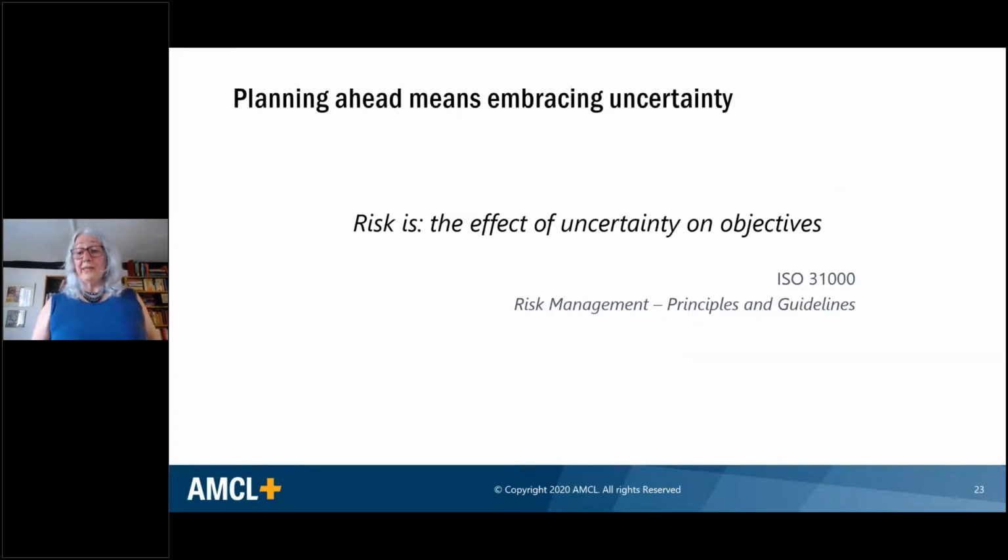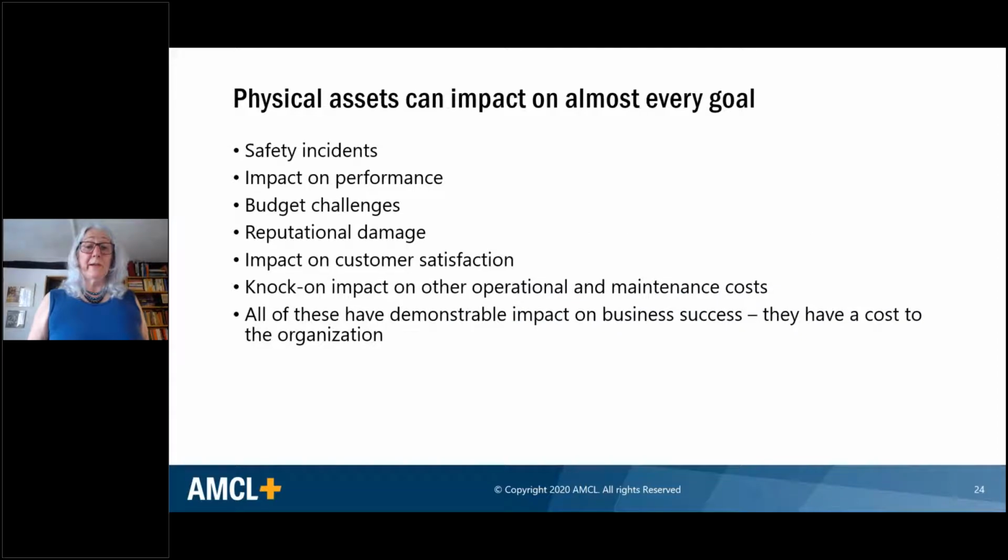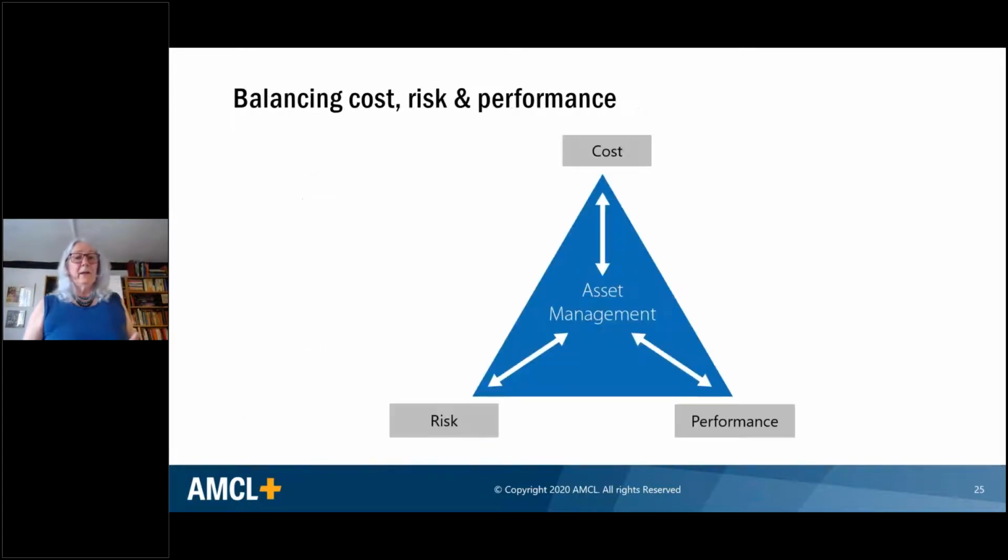It's also about objectives. So again, it's tying us back to everything points to understanding what we're trying to achieve as an organization. A problem, obviously, for asset people is that a physical asset going wrong can impact on almost every goal that your organization has. So when we talk about asset risk, it's not just safety. It can impact on anything we care about.